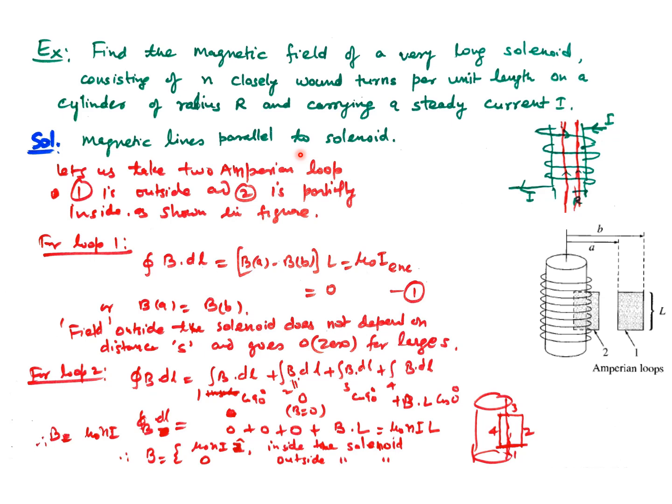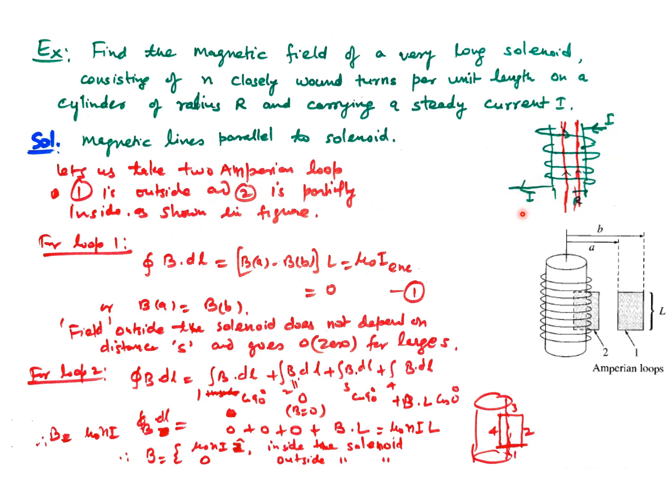Now we have to find the magnetic field for a long solenoid which has n turns per unit length on a cylinder of radius r, and which is carrying a current capital I. So we have a long solenoid, the wire has n turns, and capital I is the current in this wire.